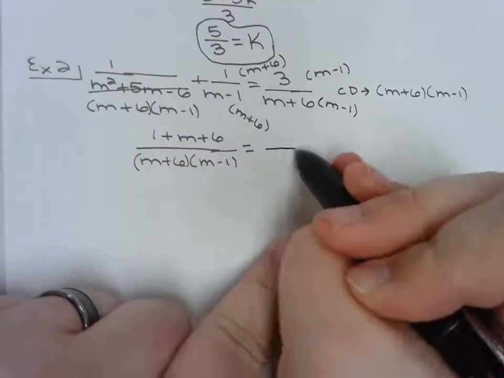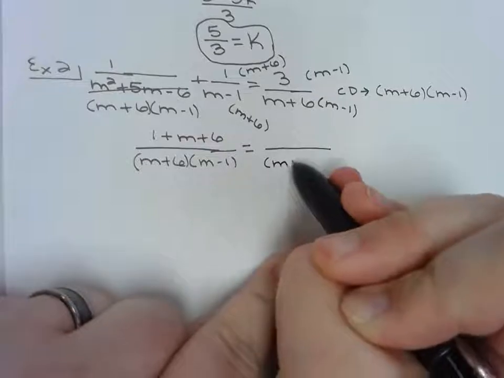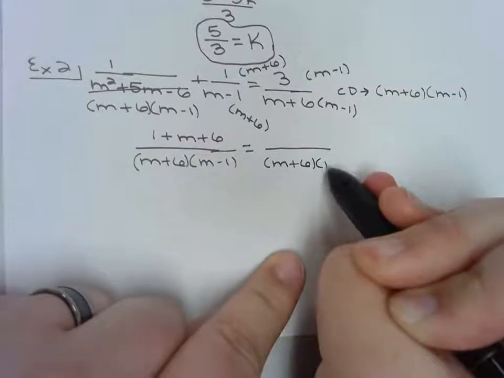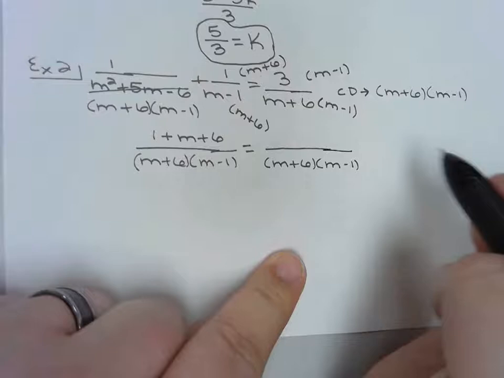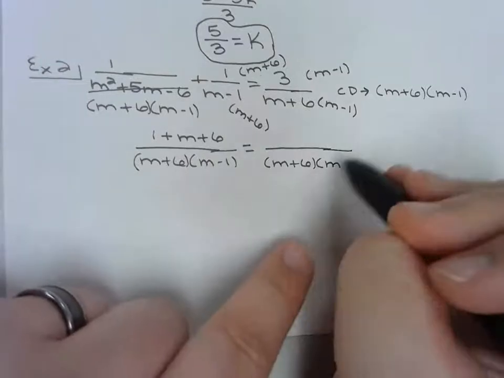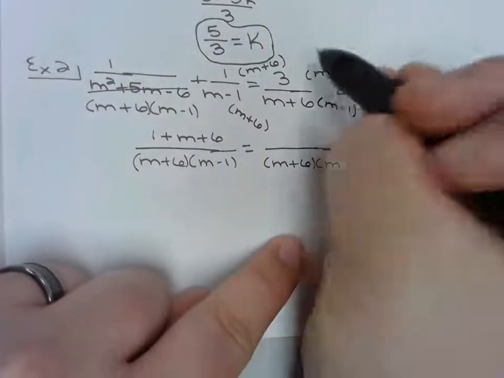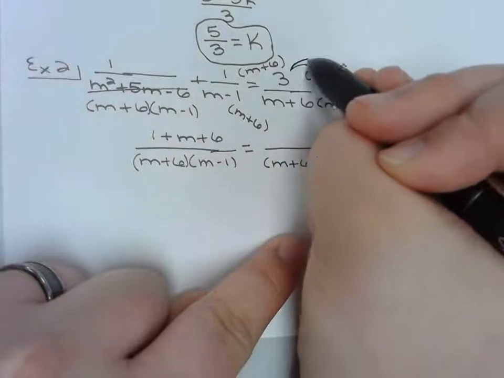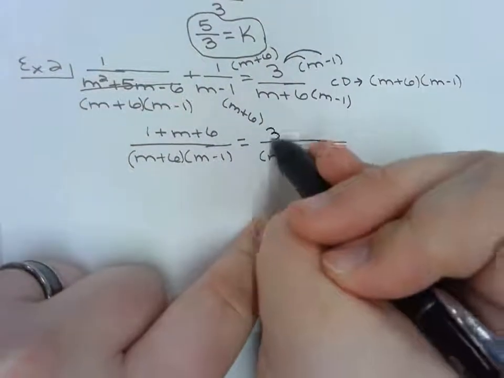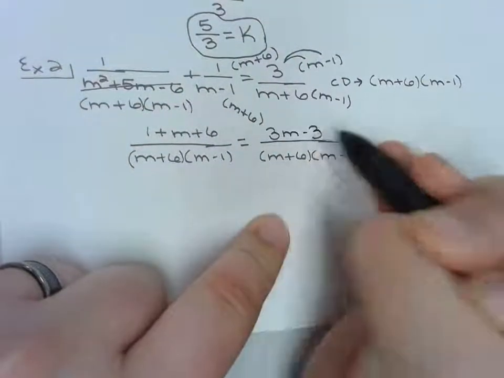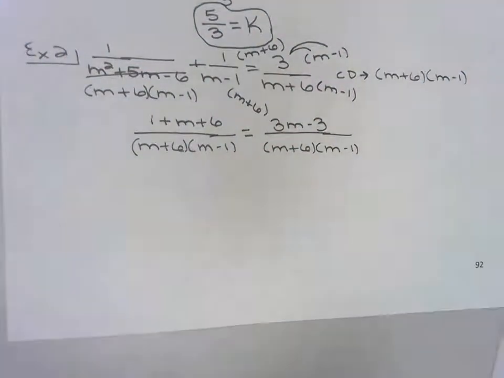So now I'm going to have my denominator on the bottom, m plus 6 times m minus 1, and the top will be, no, distribute the 3. 3m minus 3, yep. Same exact idea.